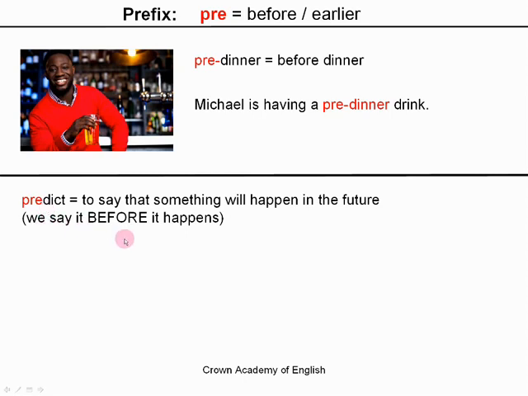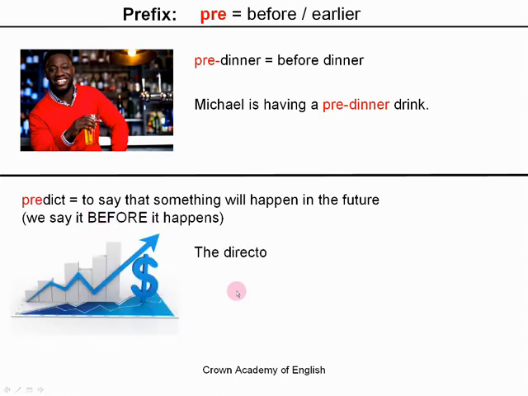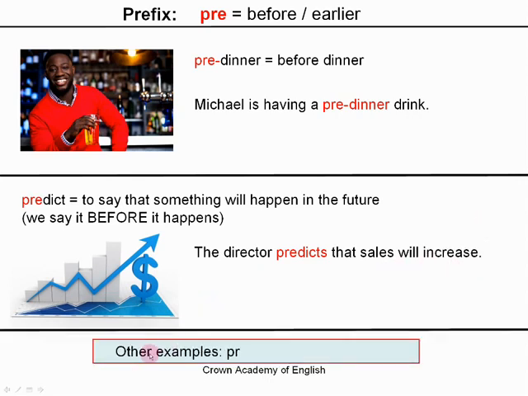And we say it before it happens. So before. That is why it is the prefix pre, means before. The director predicts that sales will increase. And other examples: prefix, prehistoric, prepare.